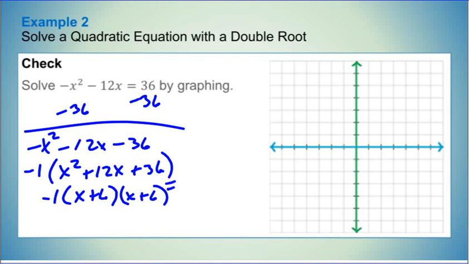So if I make each of these equal to 0, that will give us x equaling -6. So my root would be x equaling -6.